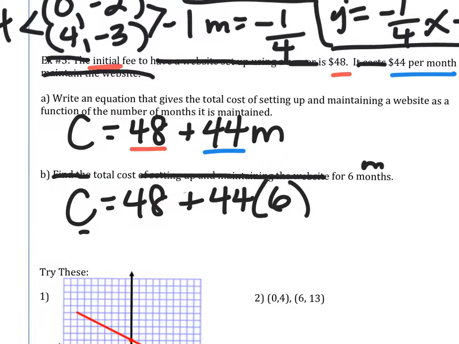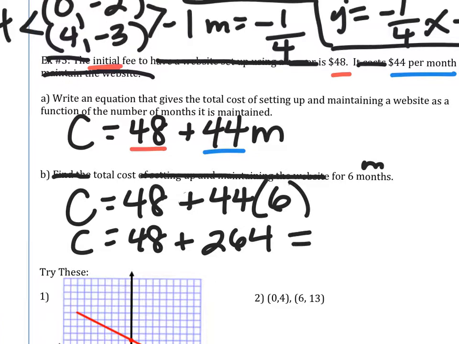So I can just multiply that. So the cost is $48 plus 44 times 6, which is 264. And so our total cost should be, let's see, that's a 12 and a 15 and a 3, $352.